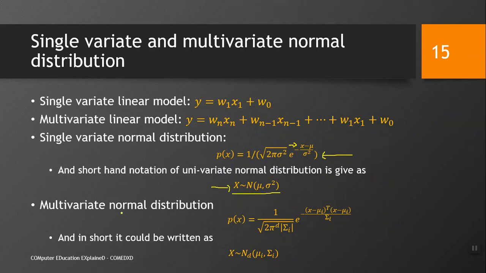And the multivariate normal distribution is given like this. Here you can see that this is a kind of variance or standard deviation from the mean. You can say that it is a standard deviation, and here, because we are working with more than one feature, we have all the i and j means with it.